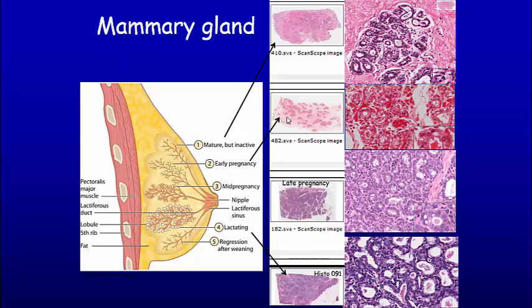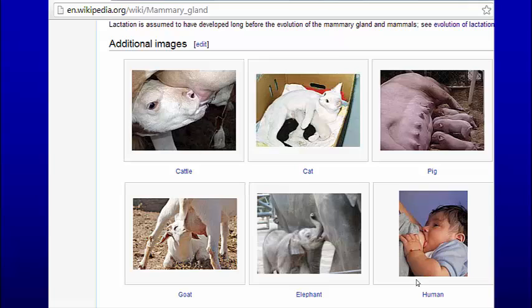And then finally, prolactin is involved in the production of milk itself. So we can see some inactive and active milk secreting cells.